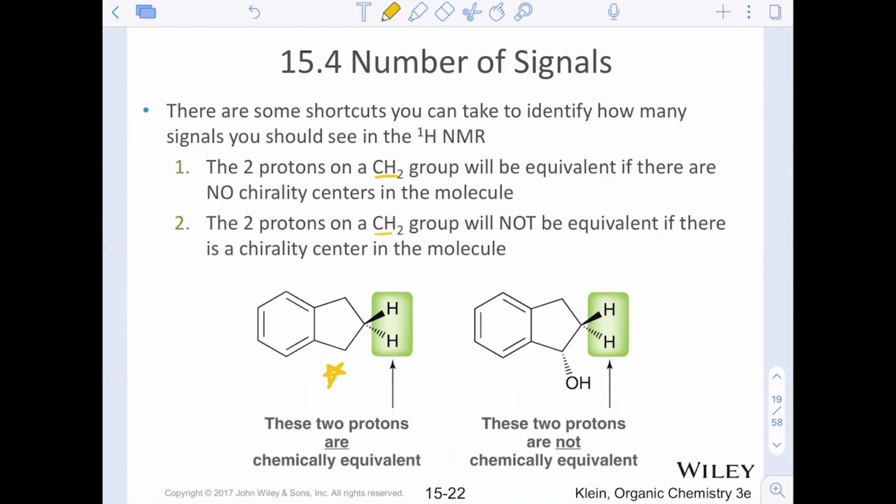If you see the 2 protons in a CH2 group and you see a chiral center somewhere else on the molecule, think diastereotopic. Those are going to be not chemically equivalent protons. What does that mean? These will have the same signal. These will be different signals. All right.